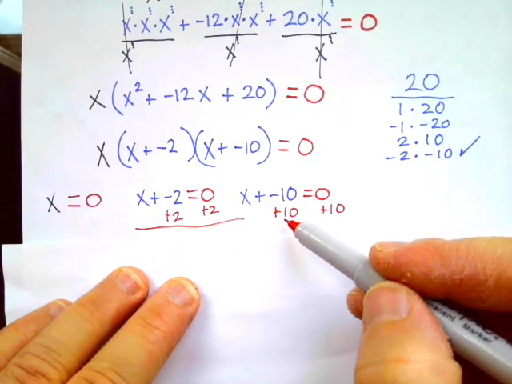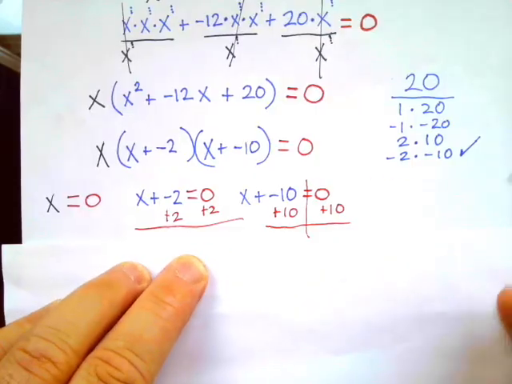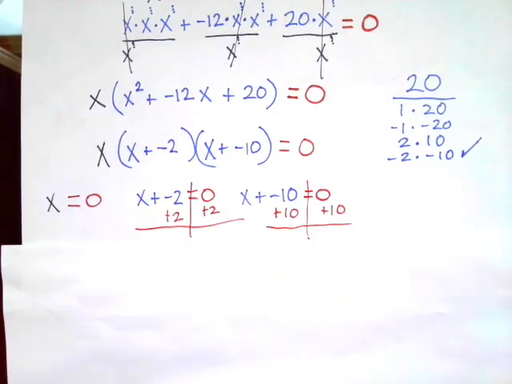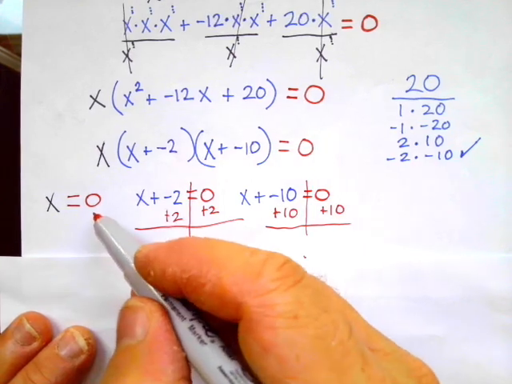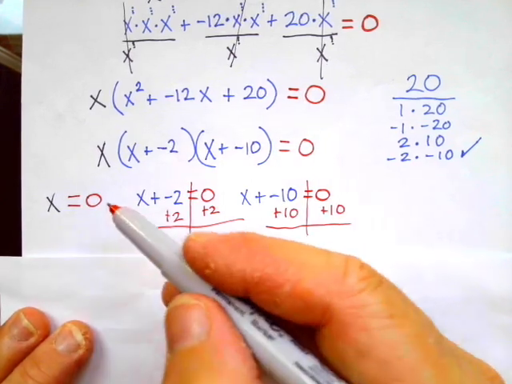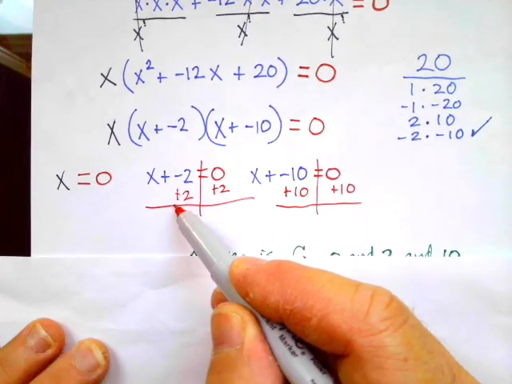What you do to the left side of the equal sign, you're going to do to the right side as well. You want to balance your equations. And so let's see. X already equals 0 here. This is one of my answers. We have negative 2 plus a positive 2 cancels out.